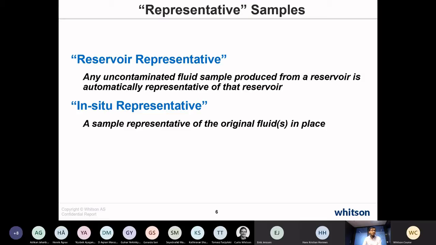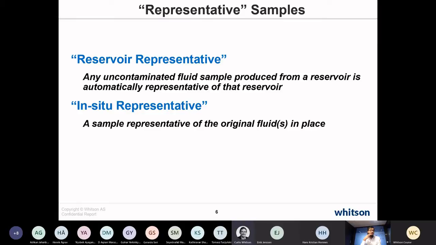But a reservoir representative sample is any sample that you produce at any time during the life cycle of your field, and it doesn't have any contamination with the oil-based mud. That's why I said it's not very clear to many people what the differentiation is between these two definitions, and that's what we are trying to communicate here.